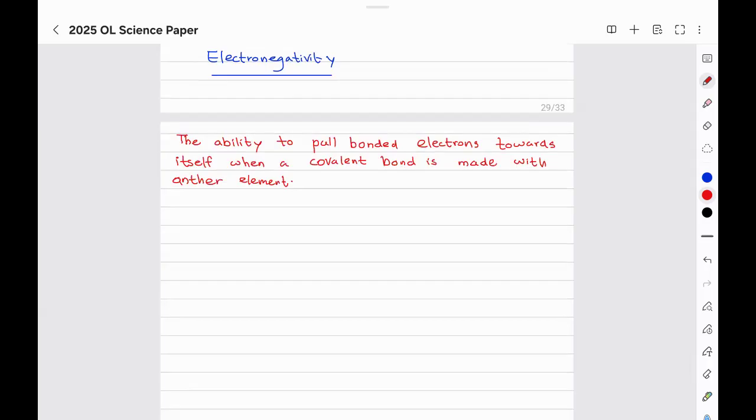In order to measure electronegativity, we use something known as the Pauling scale of electronegativity.